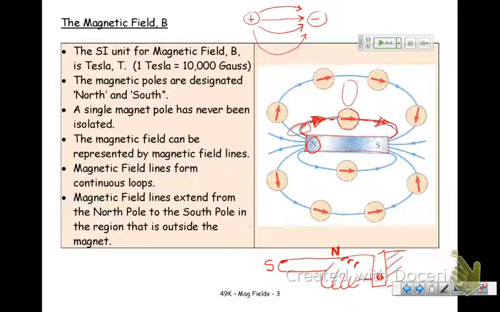But they start at one charge. Whereas, for reasons we'll get to, magnetic field lines are loops. So inside the magnet, this field line continues, and that field line continues.